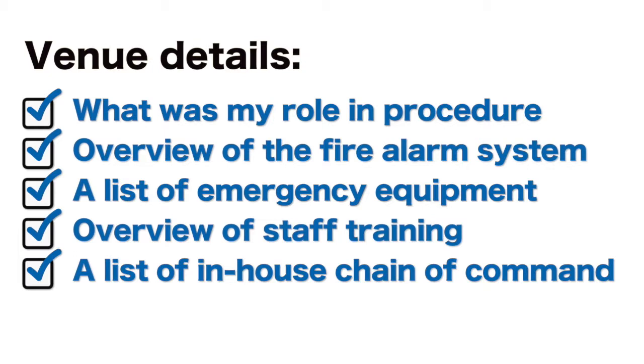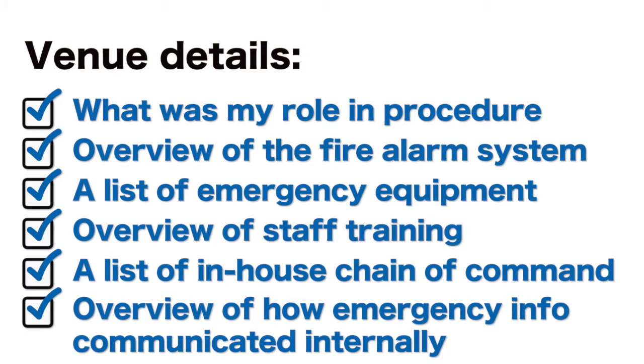So who was I to report to in the case of an incident, and how was an incident communicated up and communicated down, and an overview of how emergency information was communicated internally. Really important factors there about the venue.